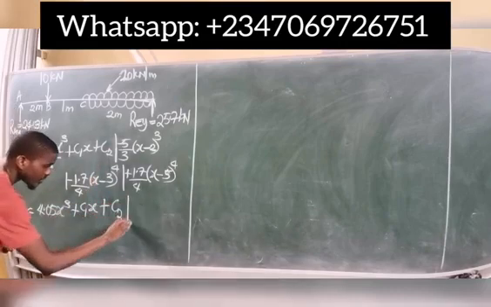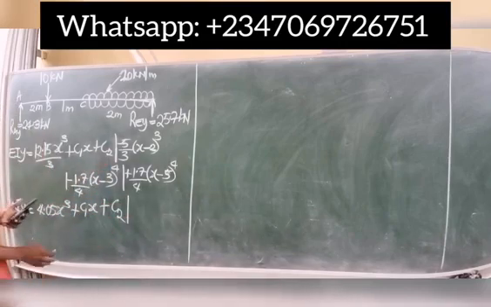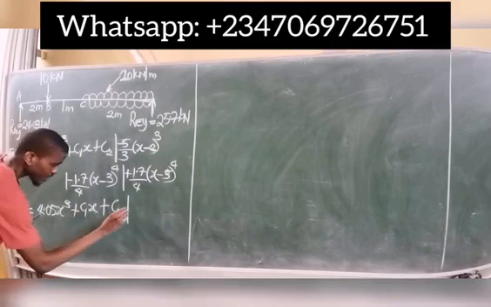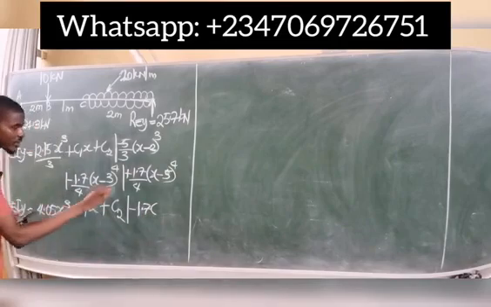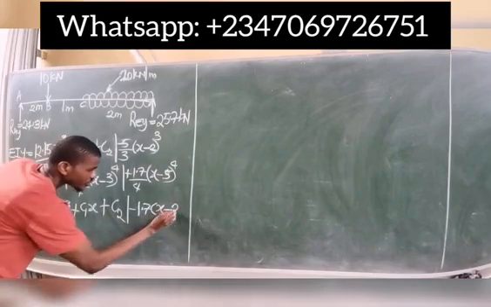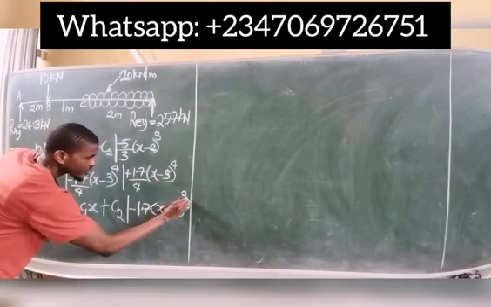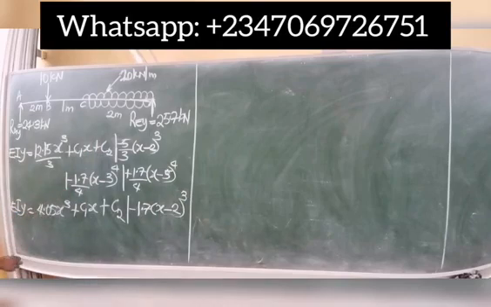Put down your Macaulay's bracket. We have here minus 5 divided by 3. That's minus 1.7 into (x minus 2) to the power of 3. Okay, put down your Macaulay's bracket.